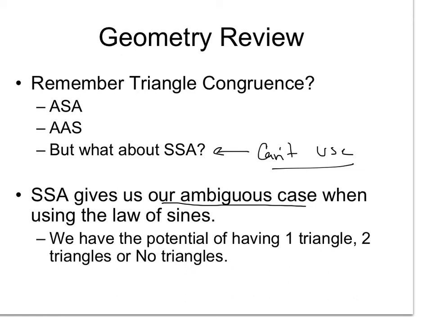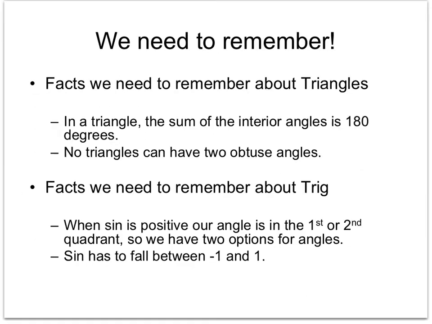And this will tell you why numerically you can't show two triangles are congruent when the side and angle are given. Okay? So things we need to remember about triangles. The sum of the interior angles is always 180 degrees. No triangle can have two obtuse angles. If they have two obtuse angles, boom, we're over 180.